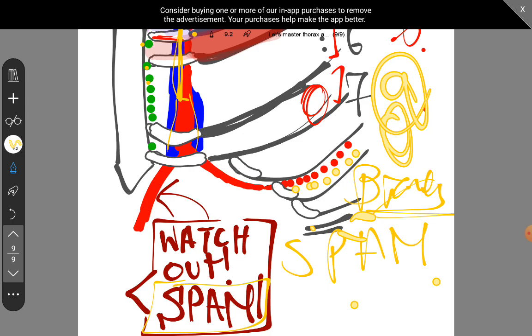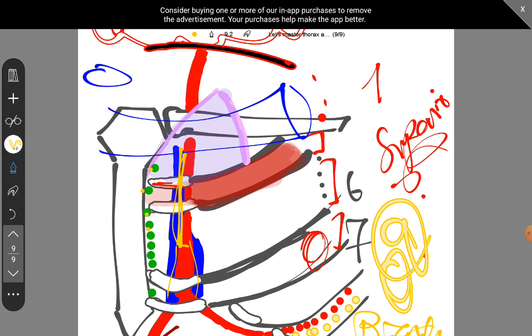So if you want to have a quick recap, again, begins the internal thoracic artery. Internal thoracic artery begins 1 inch above the medial end of the clavicle, as a branch from the first part of the subclavian artery.